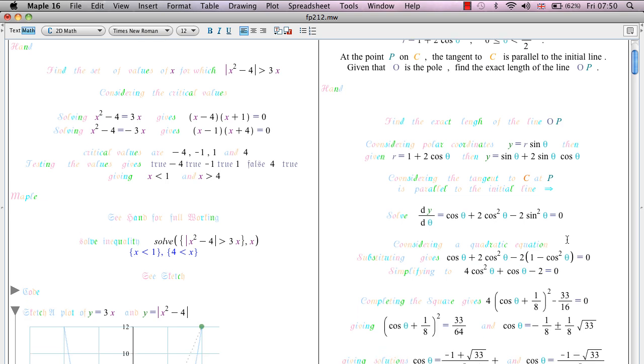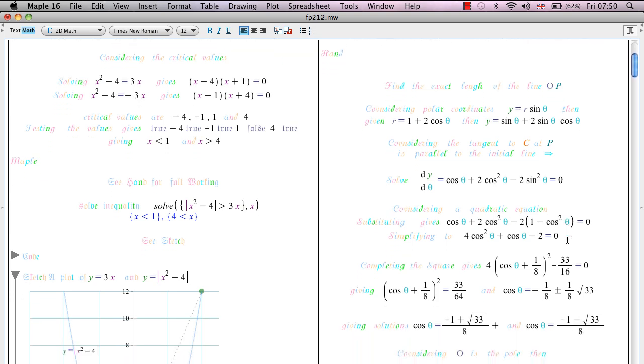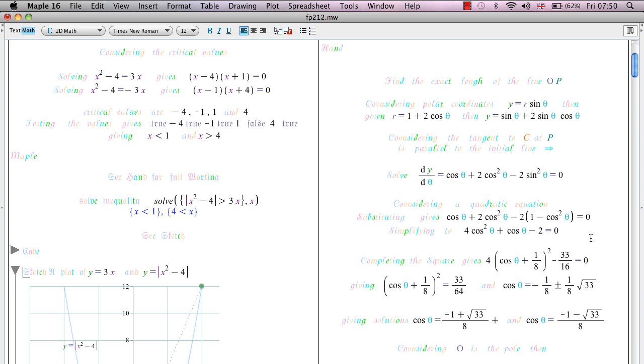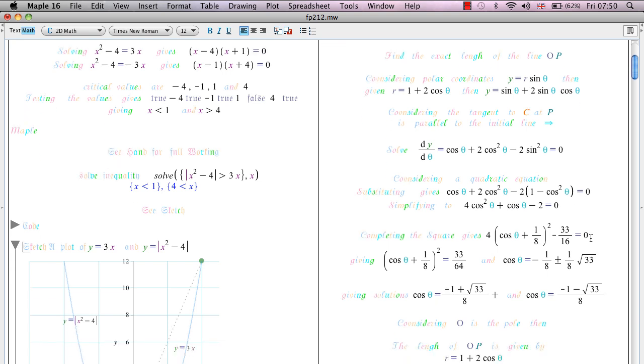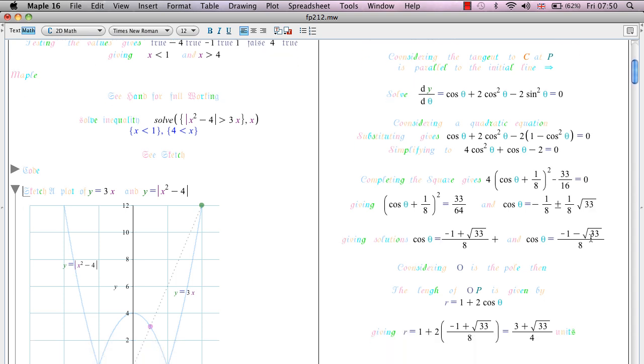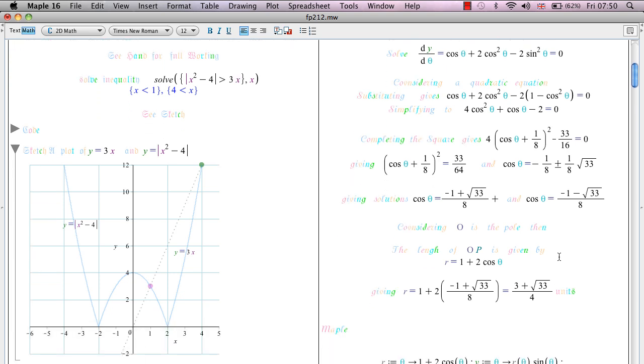Differentiating and substituting an identity simplifies to a quadratic. Completing the square gives 2 solutions for cos theta. Ignoring the negative, then cos theta is minus 1 plus root 33 over 8.